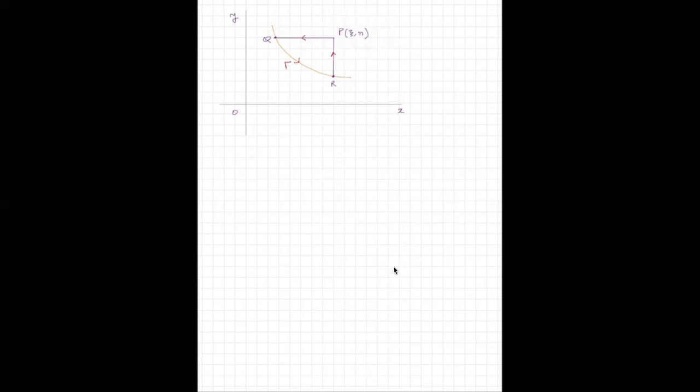Now let's call this particular region R, and let's say that del R is the closed contour PQRP, which bounds R.